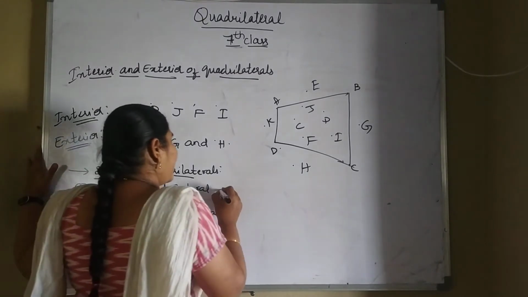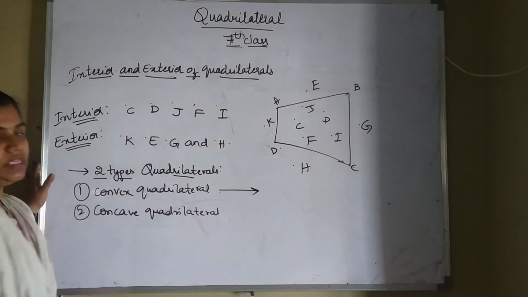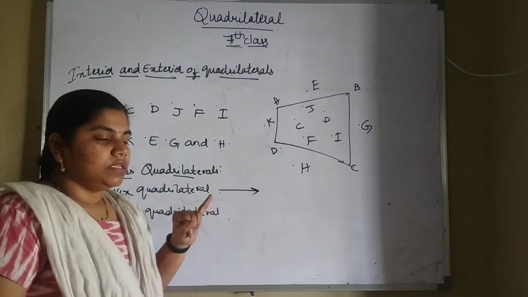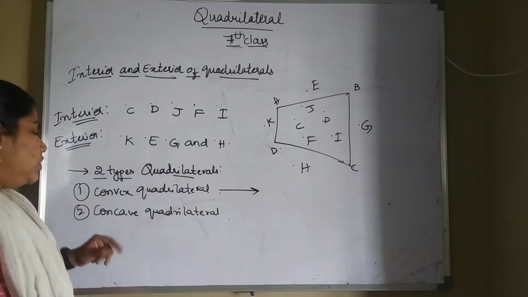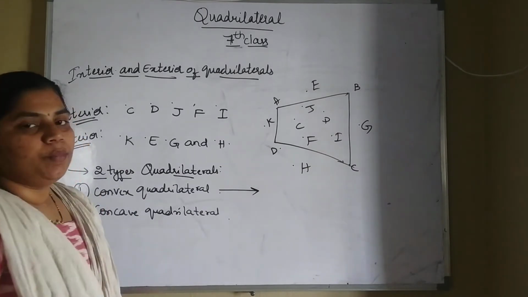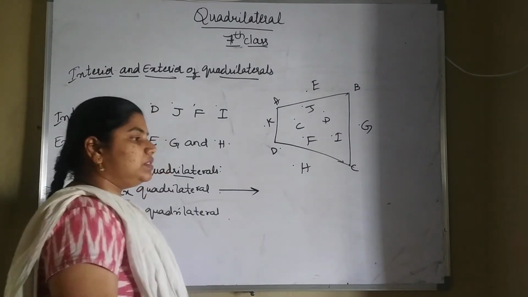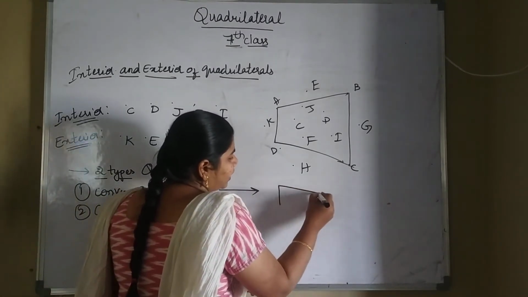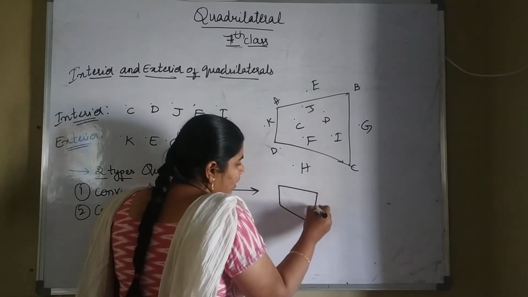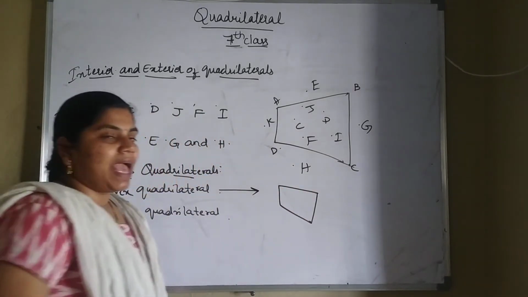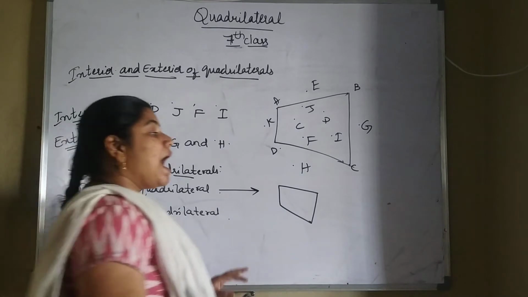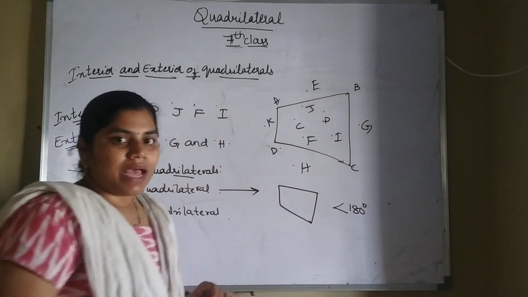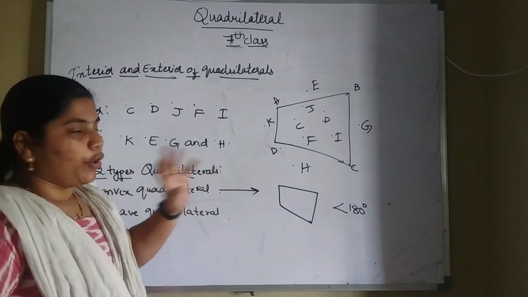So what do you mean by convex quadrilateral? We will see. First one is convex. If a quadrilateral has all its interior angles less than 180 degrees, we will call it a convex quadrilateral.